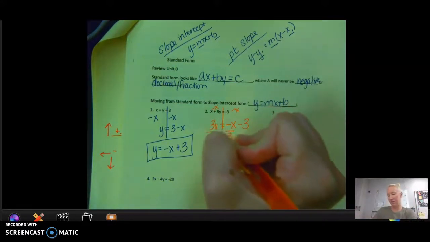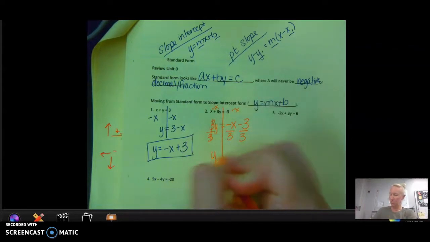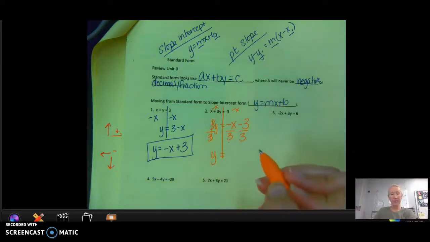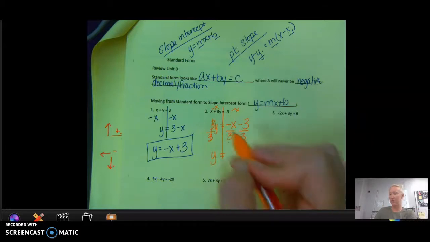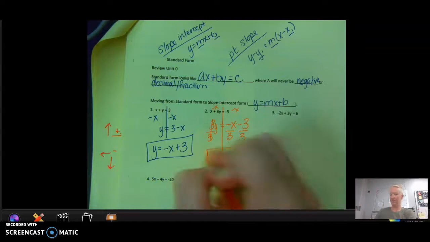I have to divide by 3 here, and I have to divide by 3 here. This cancels on this side, so I get y equals, that's a negative 1, so negative 1 over 3. We don't want decimals for slope. We want either whole numbers or fractions. So negative 1 over 3 is not a whole number, so it stays as a fraction, negative 1/3 x. Negative 3 divided by 3 is negative 1.